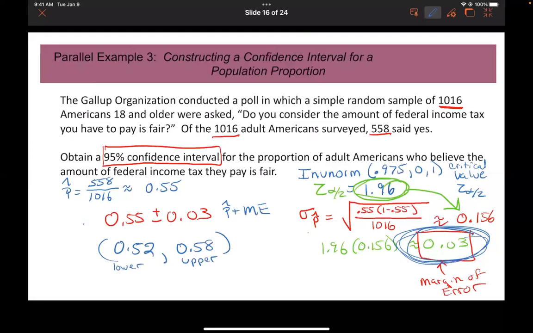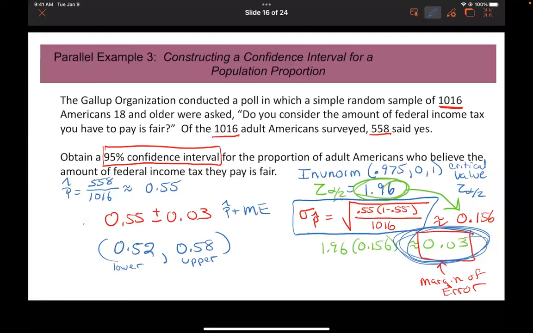I guess I actually have a question. When you did the square root of the 0.55 minus, right here, what number is going into that?